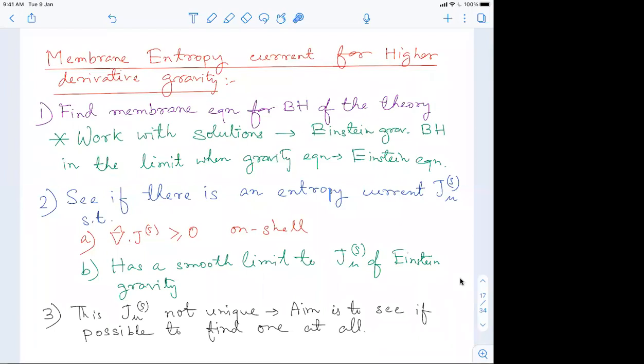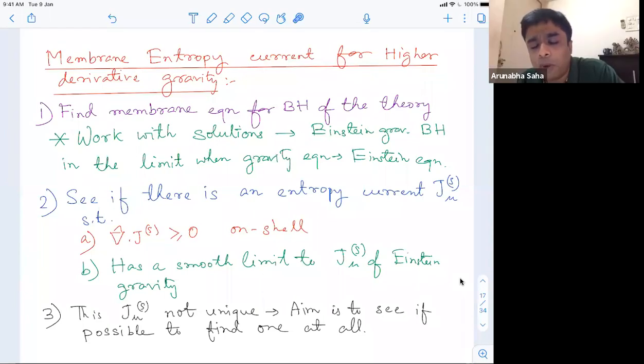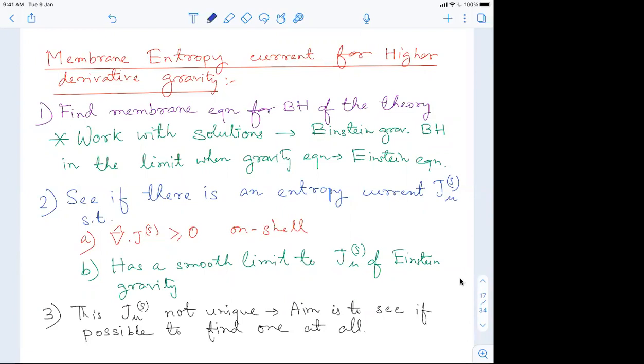But I'm saying the current correction should be unimportant as far as this constraint equation is concerned. Is that true? If you want to just compute the entropy, maybe that is true, but to make sure that the entropy divergence is positive definite, that is not true. Okay, so you're saying you need these other corrections also.